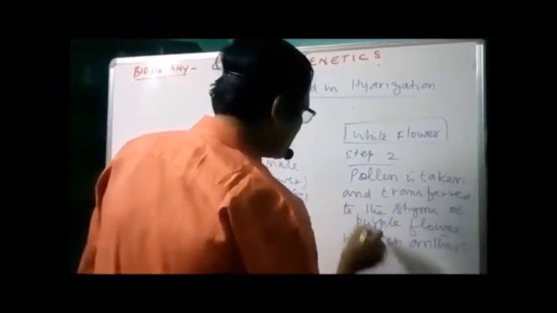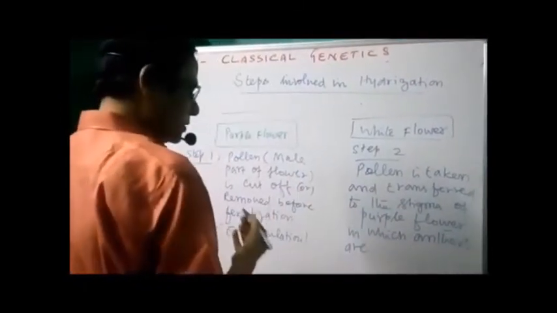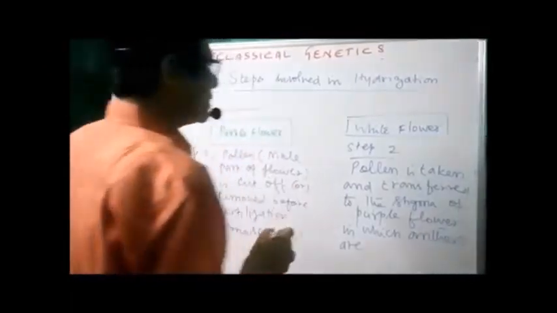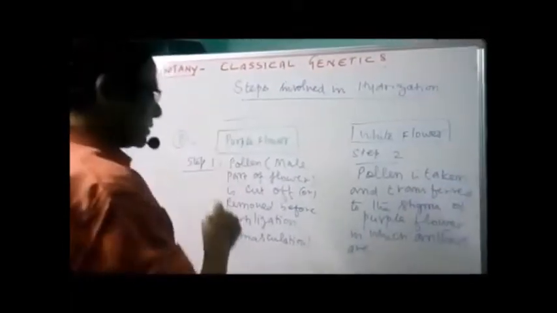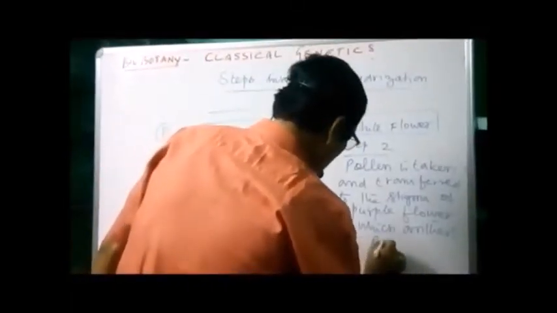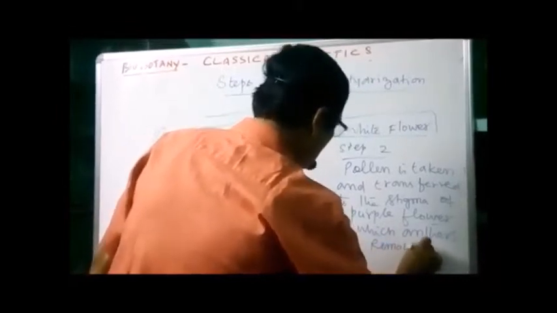Not any other flower. To the flower where we have removed the anthers, we have to dust the pollen grains on the stigma. This is step number 2.